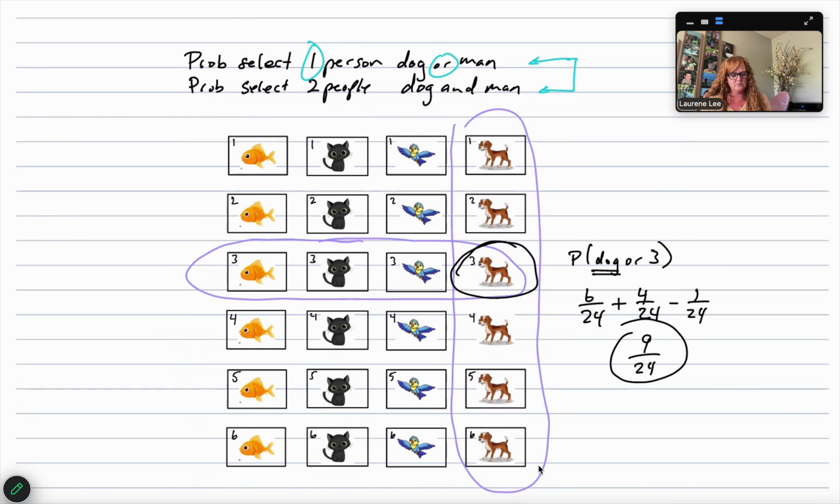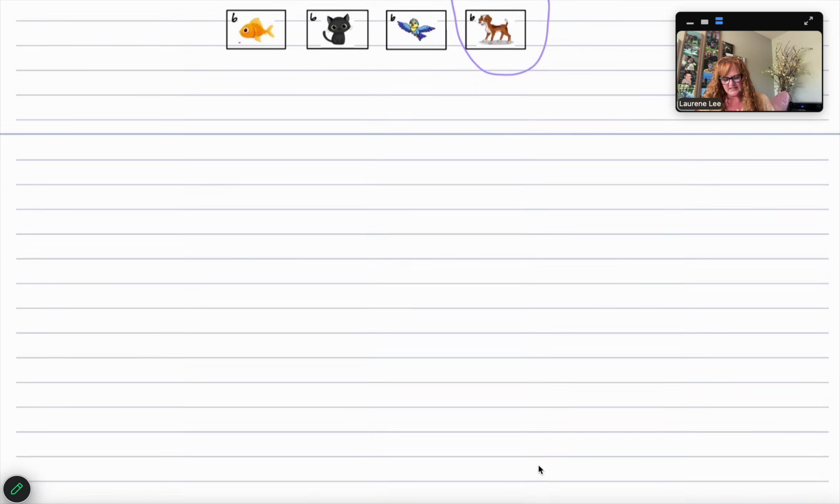The other way that you will encounter these OR problems is they will just already build, just like with the ANDs, the fractions for you. So they'll say like 23% of the population owns a truck, 30% of the population owns a cat, and 15% of the population owns both.